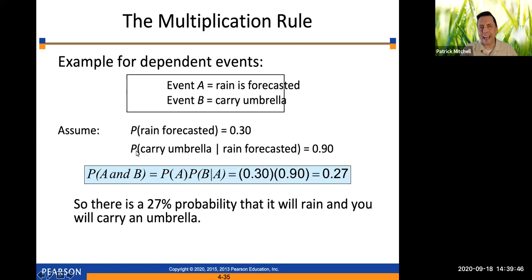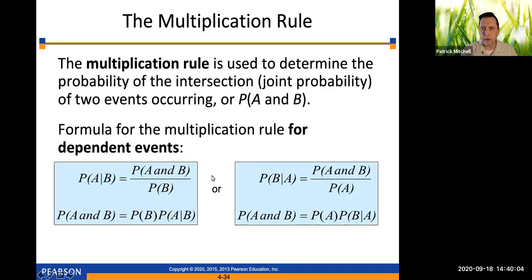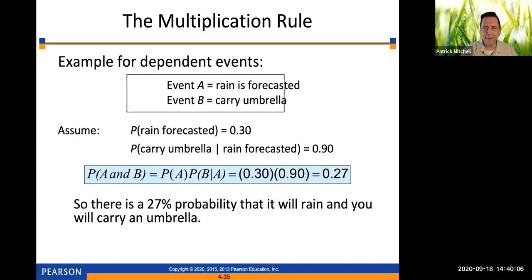It's because they gave me the probability that I carry an umbrella given that rain is forecasted. And they're calling carry an umbrella event B, rain is forecasted event A. So they're giving me probability B given A. So I have to use the second version of the formula.